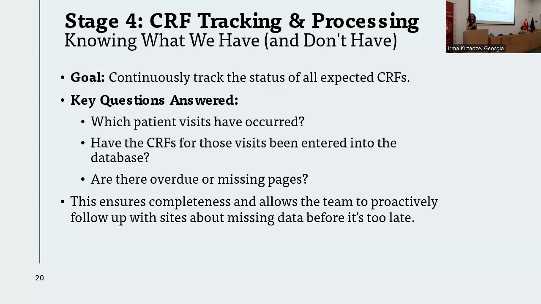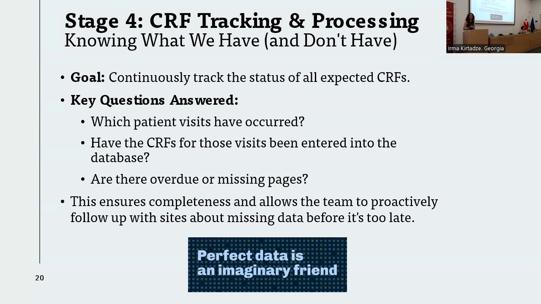Obviously, we want to report anything that's in the primary or secondary outcomes, whether we have those missing, because if we don't have those, then we really can't run our data analysis. We want to be able to do all of that as much as possible. How much is missing? Could we go back and fill in the missing holes, or do we have to live with what we've got? And obviously, while data is our friend, perfect data is really an imaginary friend, as we all know.